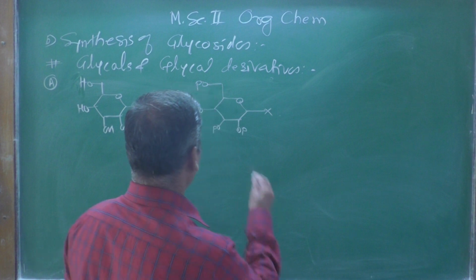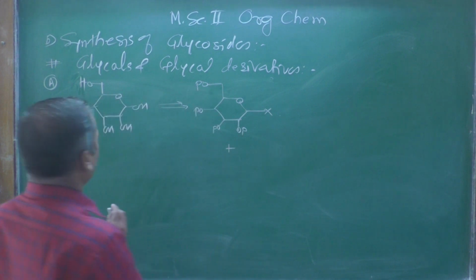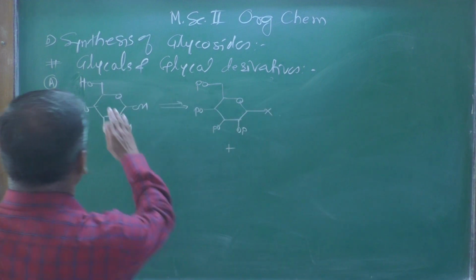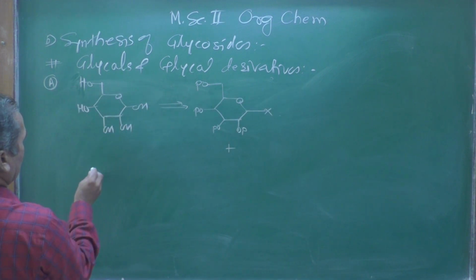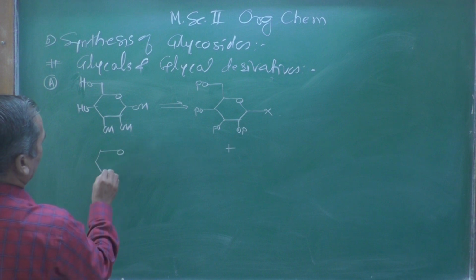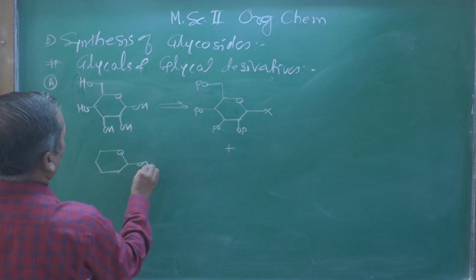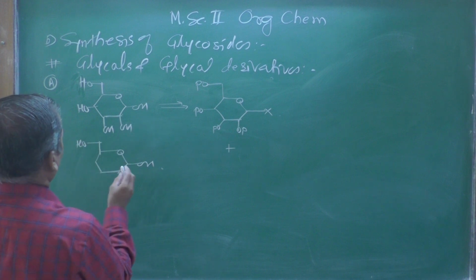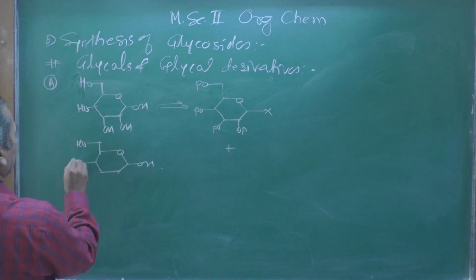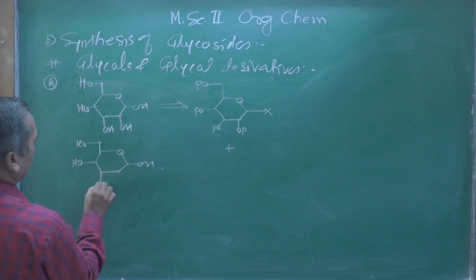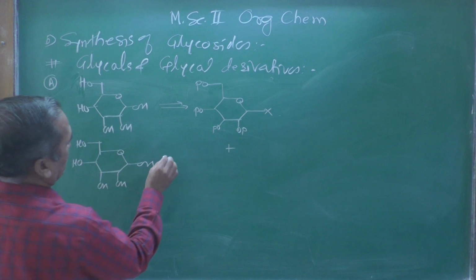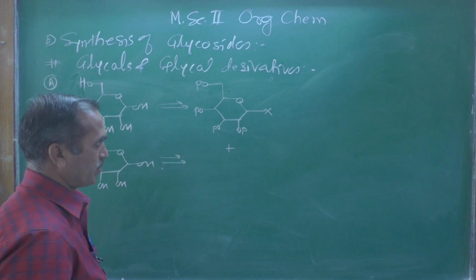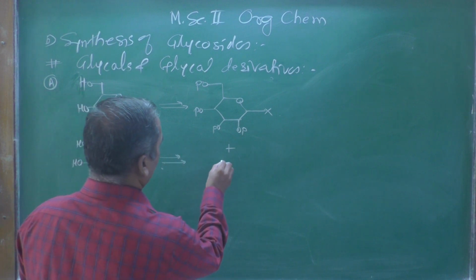In the same way, if you take this compound once again with a hydroxy group, this is the ring structure of glucose I am showing here, OH, and again doing many steps of protection, what do you get?